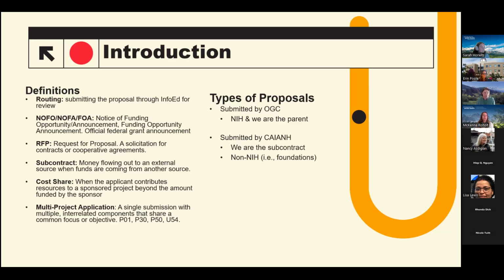Alternatively, you might see what's called a request for proposal or an RFP, which is a solicitation for contracts or cooperative agreements. And this is more specific to one project. So typically an RFP would be listed by a foundation or a state agency instead of a NOFO.